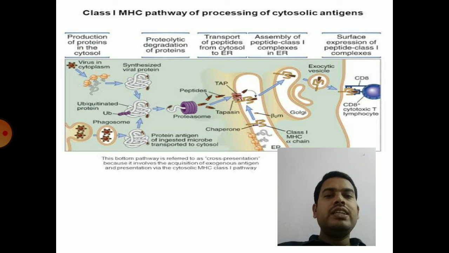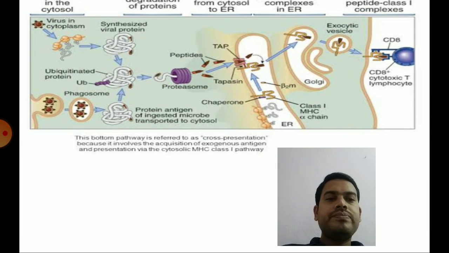So now we can see clearly the pathway of class 1 MHC molecule, endogenous antigens by the cytosolic pathway. Endogenous antigens means viral particles, they will enter the cell easily without engulfing. So all nucleated cells contain class 1 MHC molecule, they can process the entered endogenous viral particles.